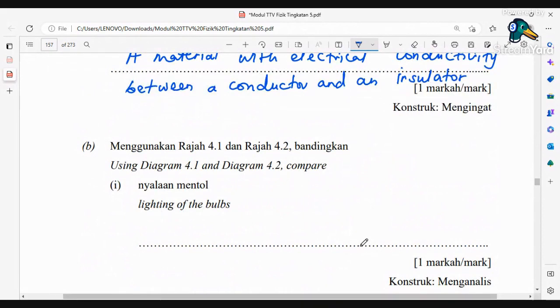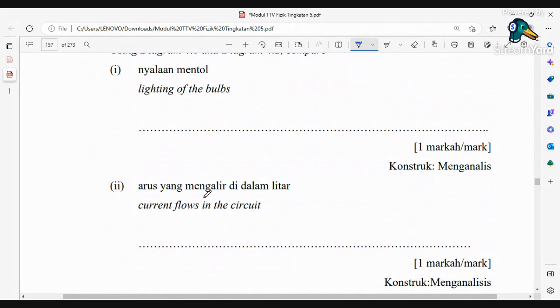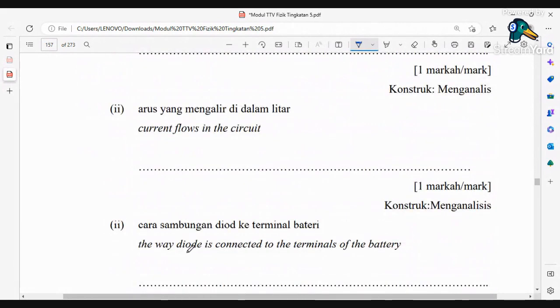Okay, B. Using diagram 4.1, compare the lighting of the bulbs and the current flow in the circuit, and the way the diode is connected to the terminals of the battery.